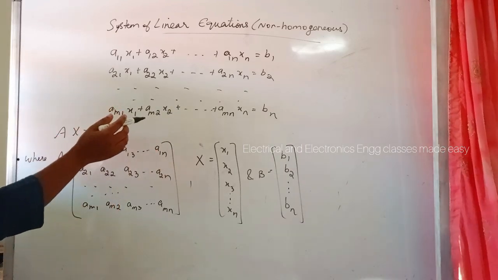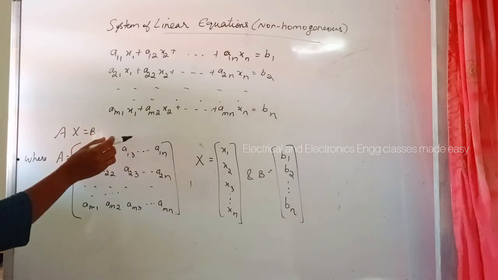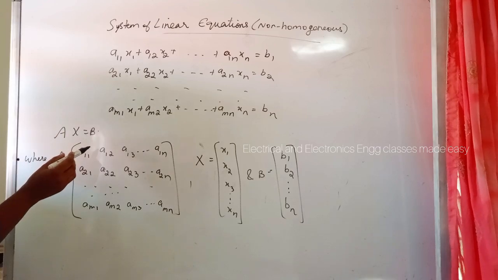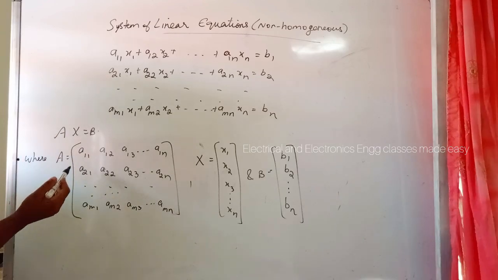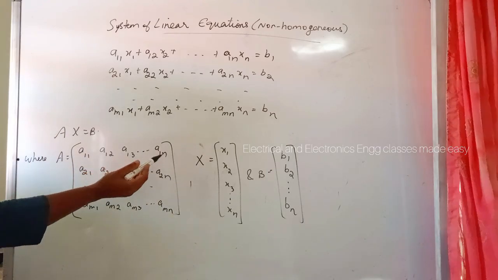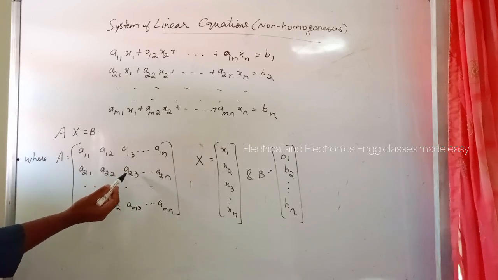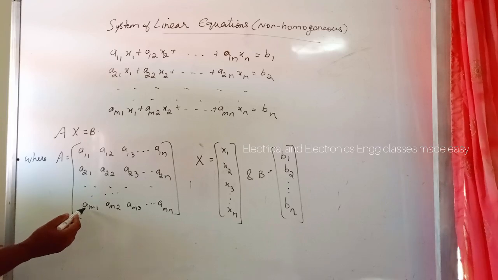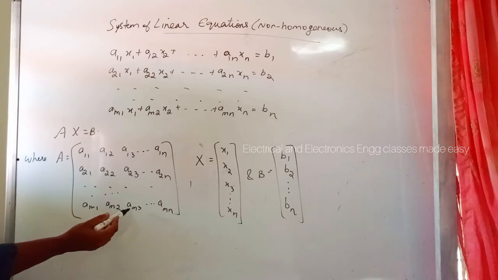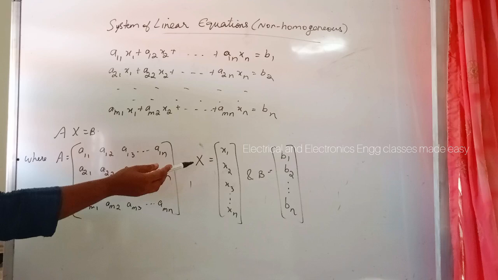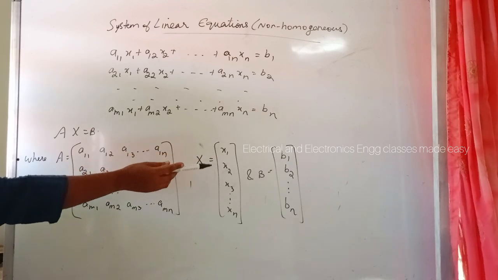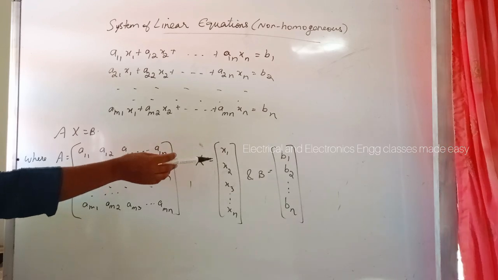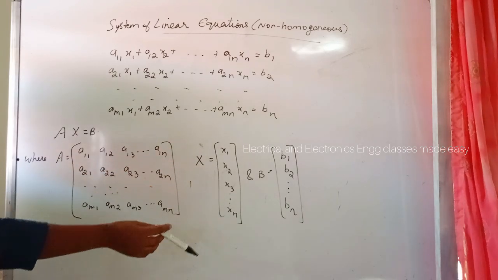And in matrix notation, these equations can be put in the form Ax equal to B, where A is the matrix a11, a12, etc., a1n, a21, a22, etc., a2n, etc., am1, am2, etc., amn, and X is the column matrix x1, x2, etc., xn, and B is the column matrix b1, b2, etc., bm.